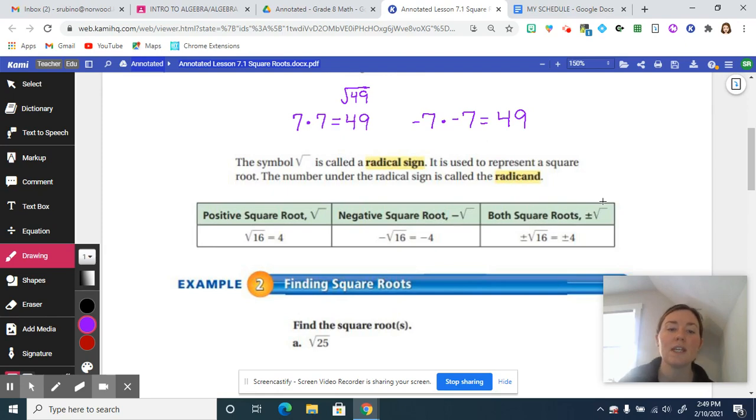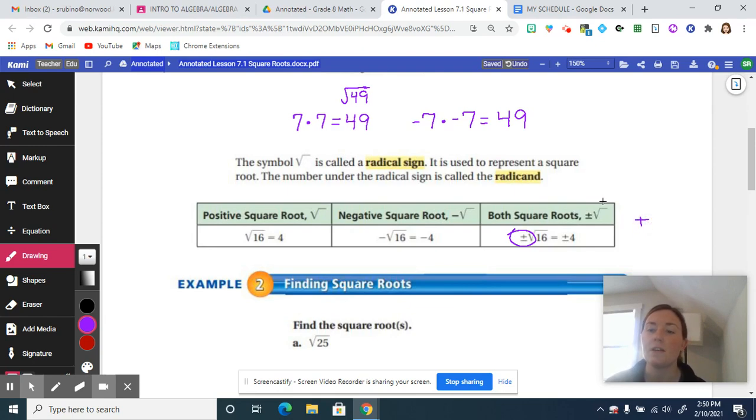Okay, so when you see just the radical sign, that is asking for a positive square root. When you see a negative sign in front of the radical sign, your answer should be a negative square root. And when you see this sign here, it looks like a plus and a minus in front of the radical sign, that means that they are looking for both answers.